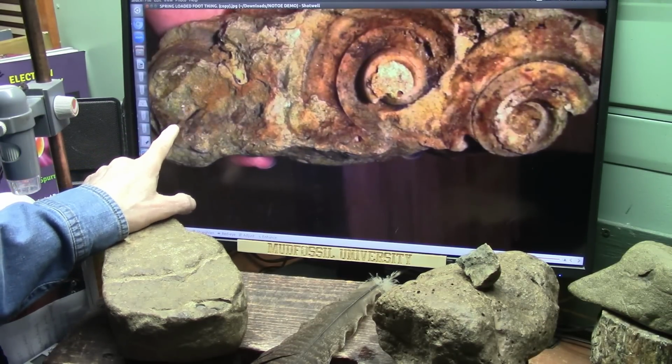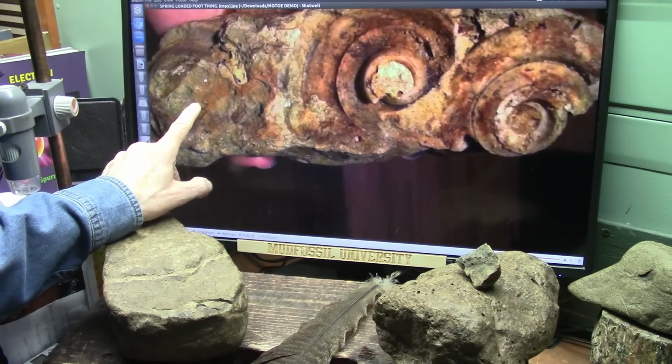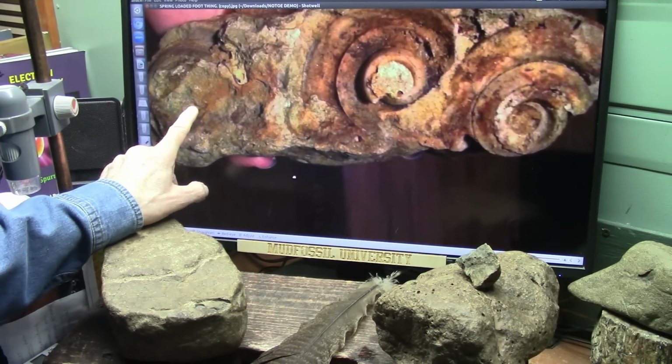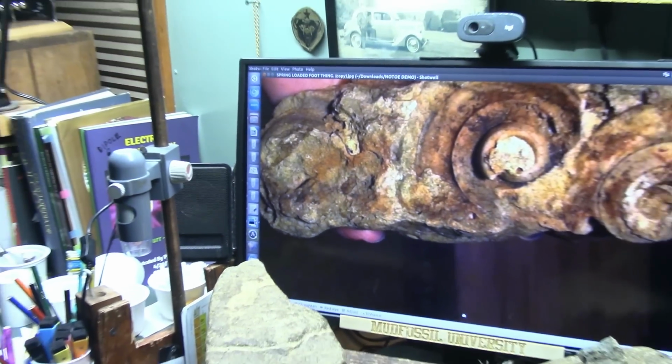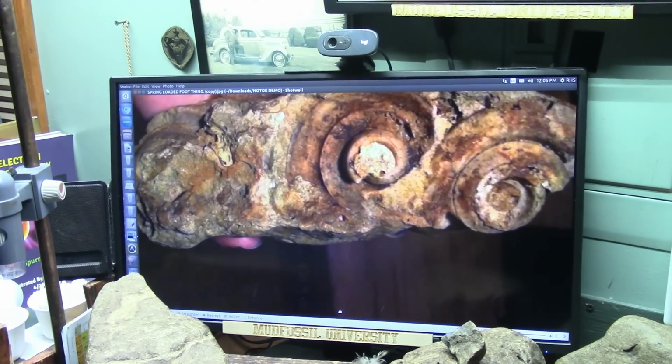That's nice and flat, but right there it gets wrinkly. You see that wrinkly stuff? That's called the wrinkle zone. It snaps there, and because it's under tension normally, you get a wrinkle zone.